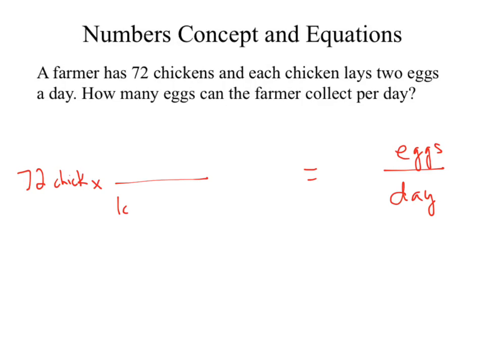So one chicken gives us 2 eggs per day. What happens? The chickens cancel, and we'd end up with eggs per day as our unit.